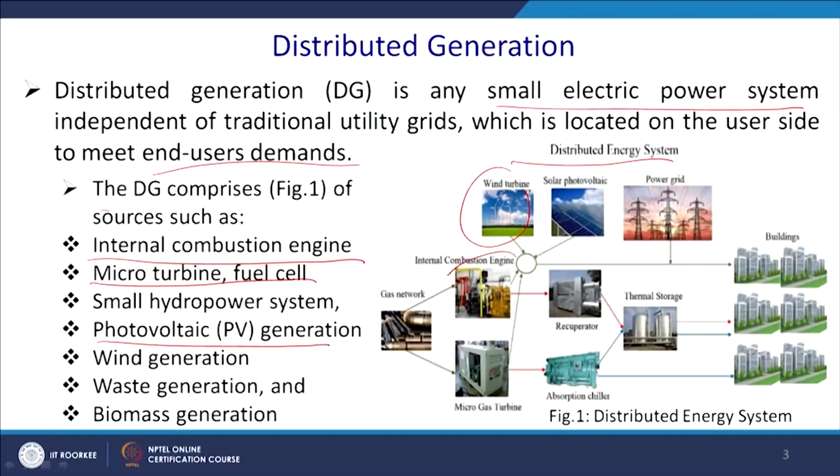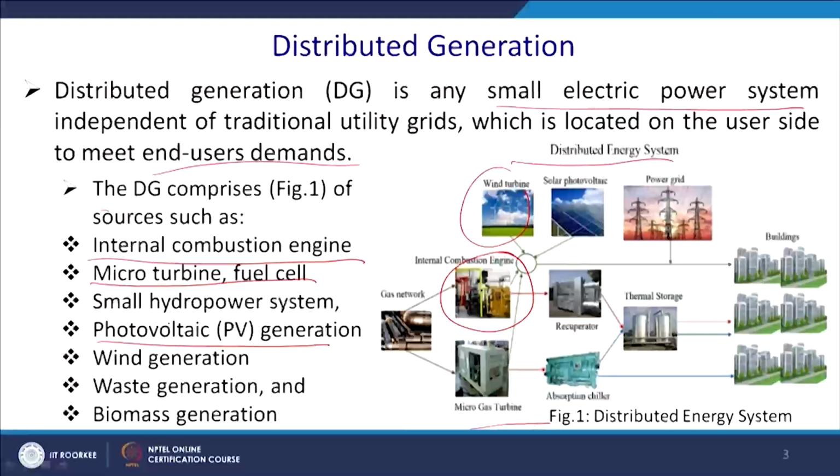For this reason you have an internal combustion engine, and you can have a thermal stage also for the reactor and chiller, and thereafter a micro gas turbine; all can contribute as your distributed energy system. But predominantly, since we are going towards green, solar, wind and micro hydro, then waste generation and biomass are the contributors.